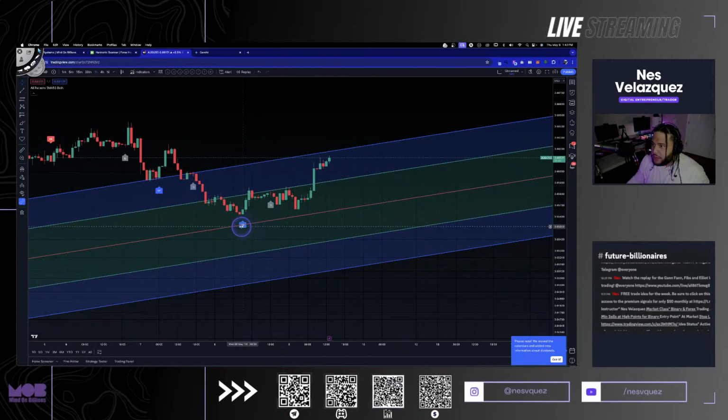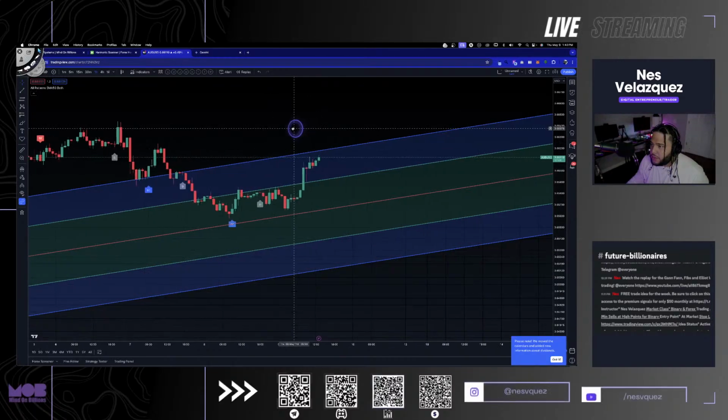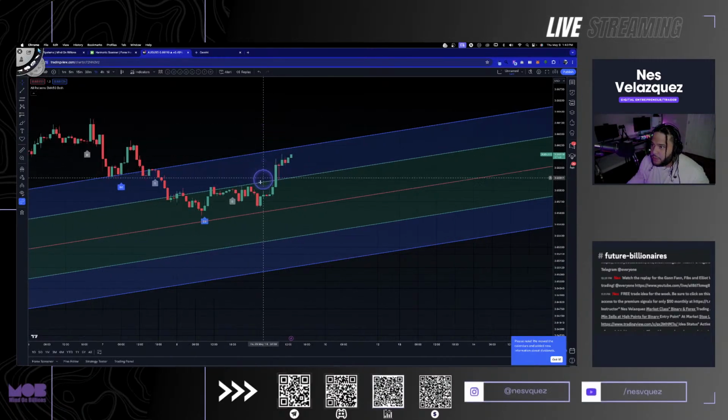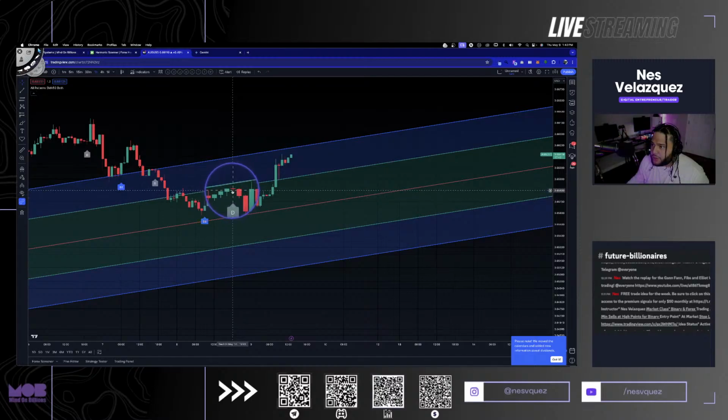Doji. All right. Right here, bearish engulfing, which I don't detect as a bearish engulfing. Another doji right over here.